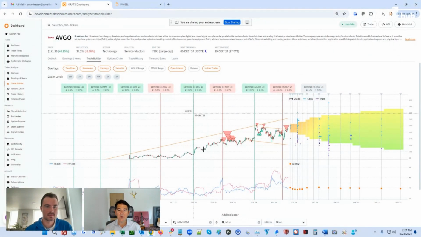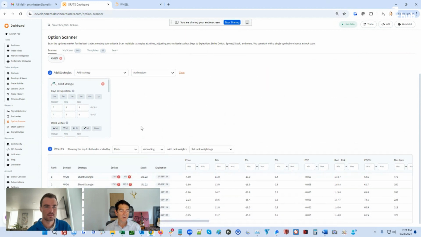So here's Broadcom, and Broadcom has a lot of times when it's below, but there are also some big moves. What we want to do now is find a trade that matches up with the movement here. So I want to go back to the option scanner.